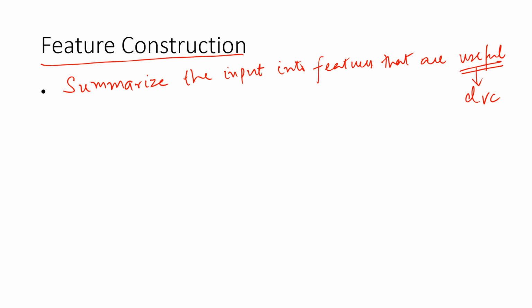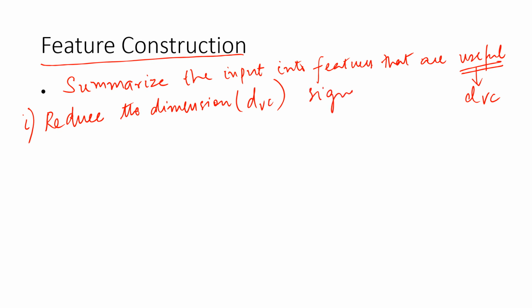So two things that we'll accomplish by doing feature construction is that we will reduce the dimension, and also the VC dimension significantly, because only then can we get hold of the first rule of learning, which is E in close to E out, or as close to E out as possible. So that is the first thing that we will accomplish by doing this feature construction.